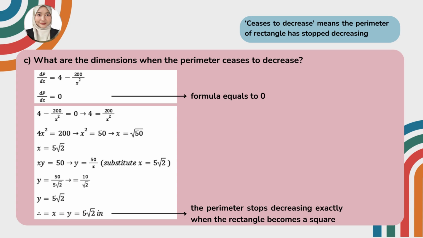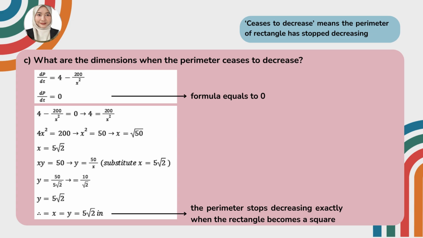From this equation, we move the fraction to the other side, and it becomes 4 equals 200 over x squared. Then multiply both sides by x squared to get 4x squared equals 200, and divide by 4 to get x squared equals 50. The final answer is x equals 5 root 2.